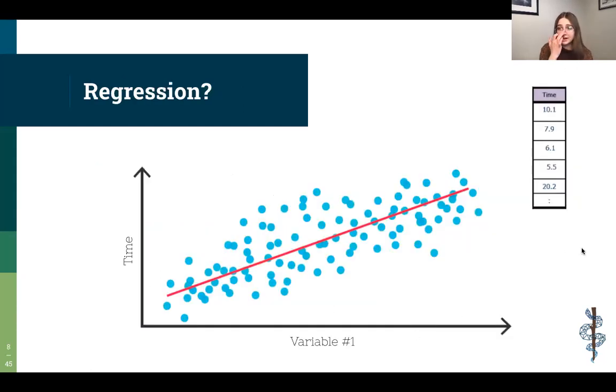You have this variable time and you want to use a number of features to predict time. You could fit a simple linear regression model to try to predict this value. So here I have a very simplified version of what that might look like. Say we're only using one variable to try to predict the time here, and you can just fit a very simple line.